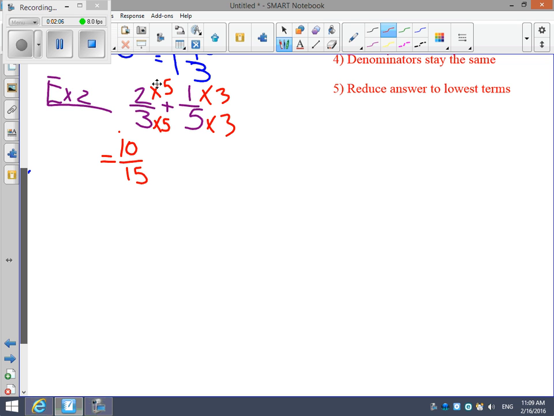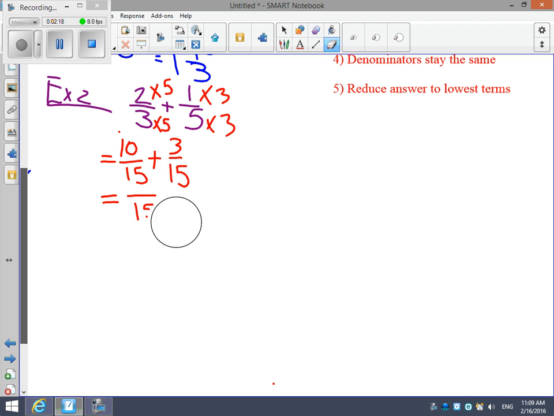And you add 3/15, which equals 13/15. And that's your final answer, because 13 is a prime number.